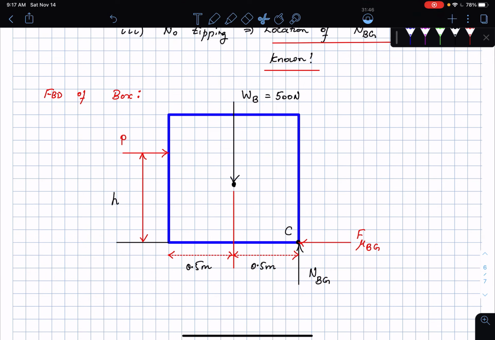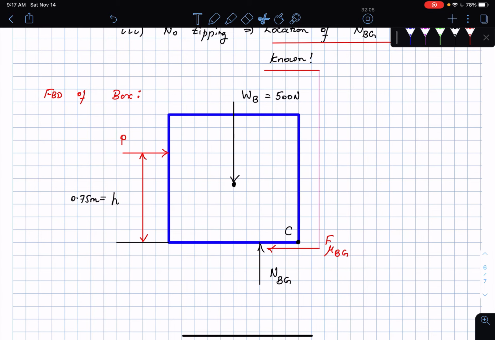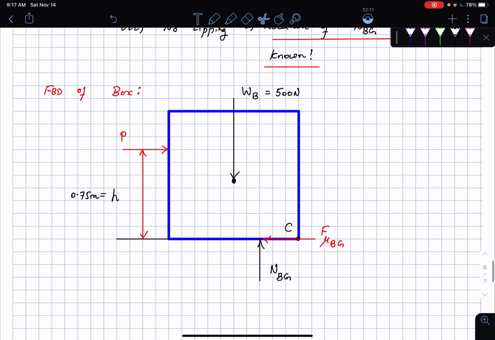This height is known to me as 0.75. Then I'm going to get rid of all of these because they're not very useful at this point. The other thing is that this force is no longer here. It is acting somewhere here, and of course this is acting tangential to the ground, so it does not matter where you think it is acting.